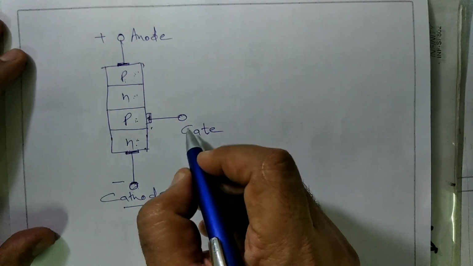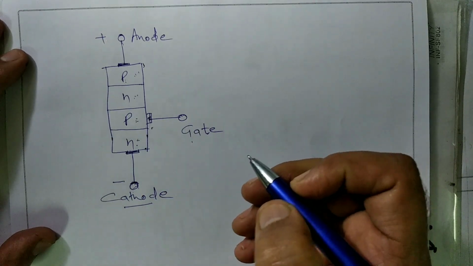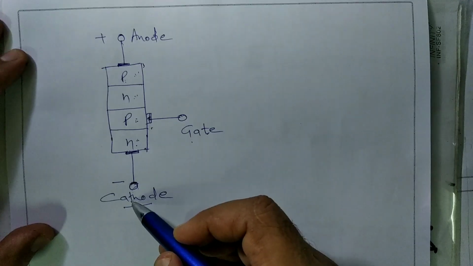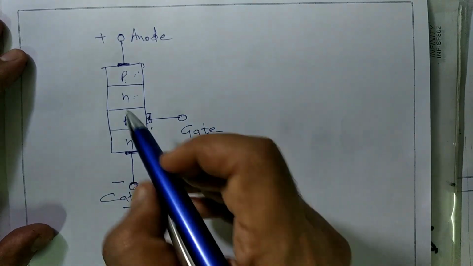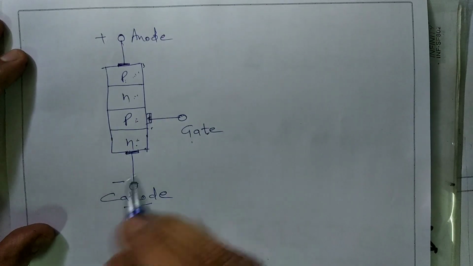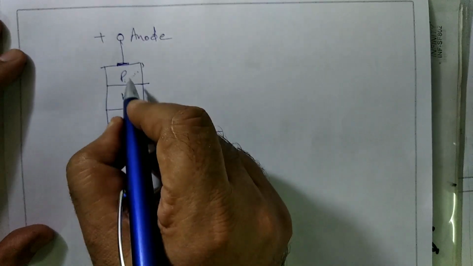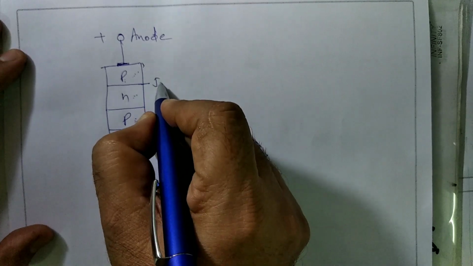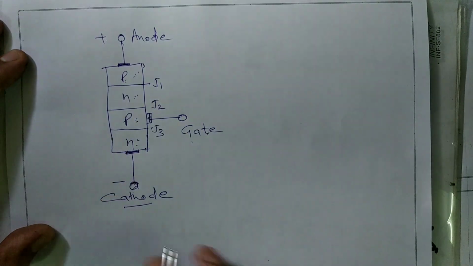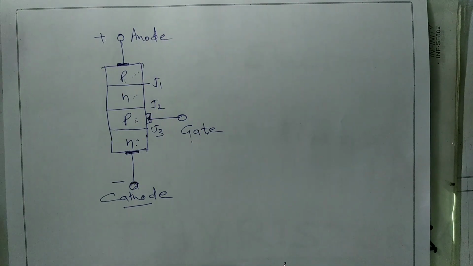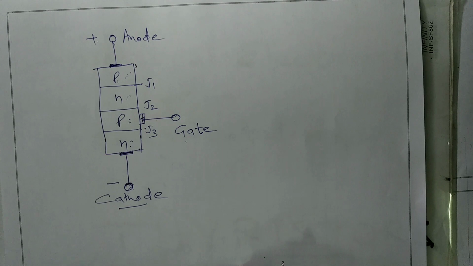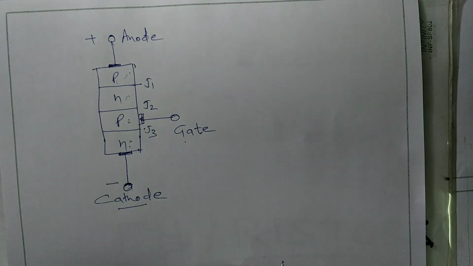The inner layer is the gate terminal. So, three terminals: anode, cathode and gate; four layers: P, N, P, N; and three junctions. This is J1, J2, and this junction is J3. Now, this is the internal construction of the SCR.